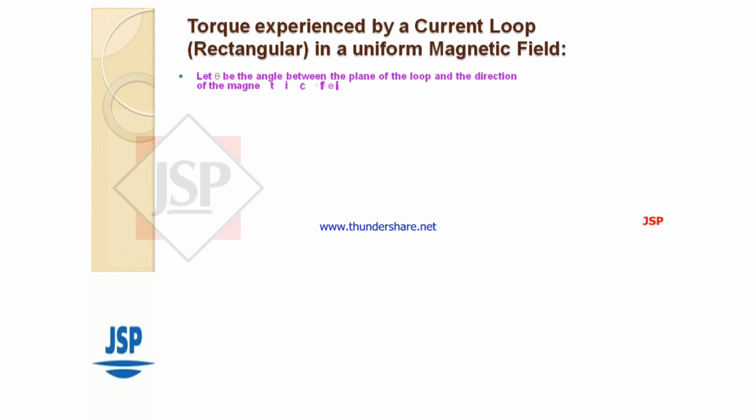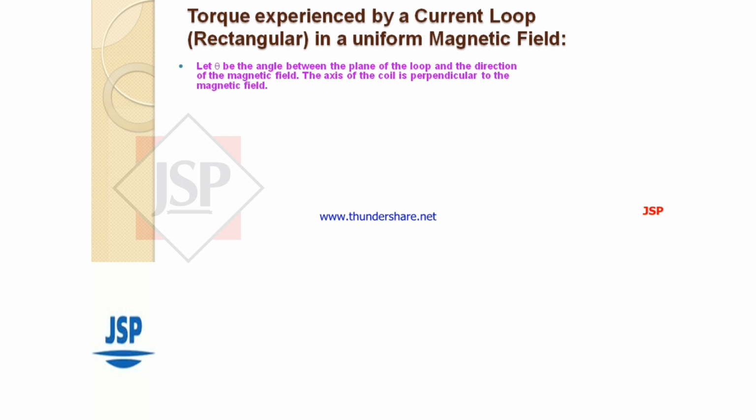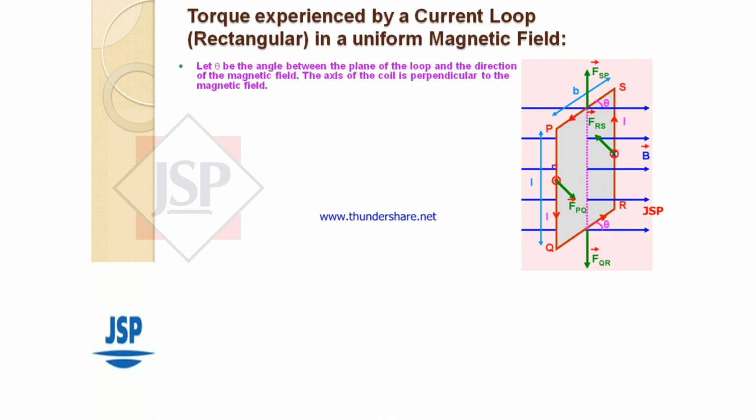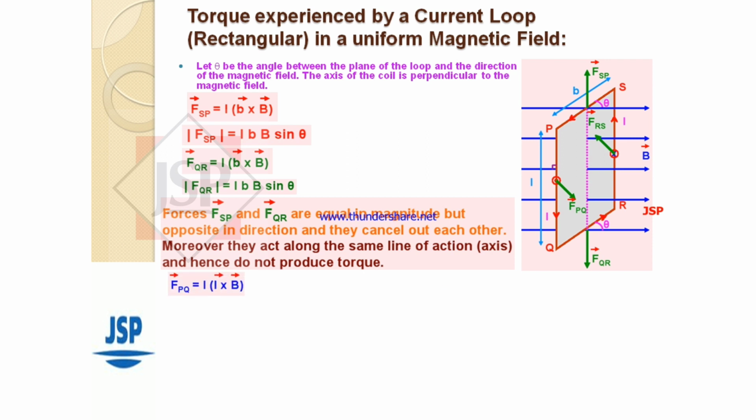That is, F vector SP equal to I into b vector cross B vector, that is the modulus of F SP equal to I b B sin theta, or F vector QR equal to I into b vector cross B vector, that is modulus of F QR equal to I b B sin theta. Forces F vector SP and F vector QR are equal in magnitude but opposite in direction, and they cancel out each other. Moreover, they act along the same line of action and hence do not produce a torque.